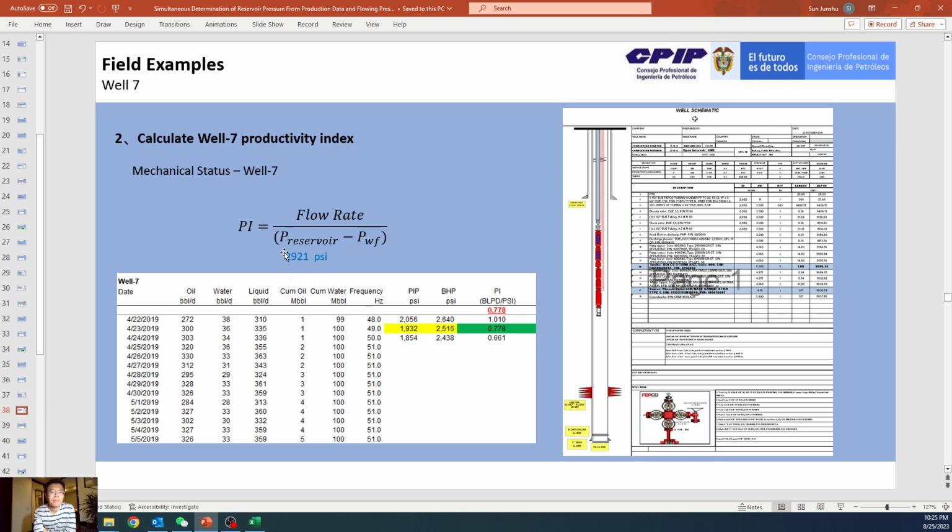Now the PI. Here, the initial reservoir pressure we are using is 2,921 psi. Then we can calculate the initial productivity index as 0.778 barrels per day per psi. This is the average.